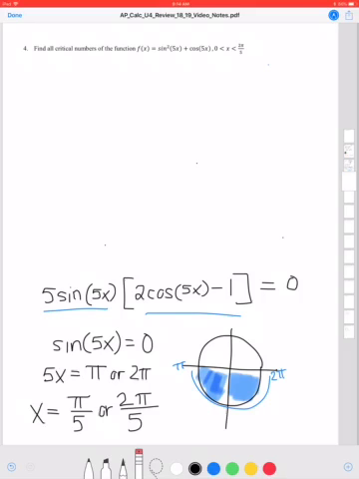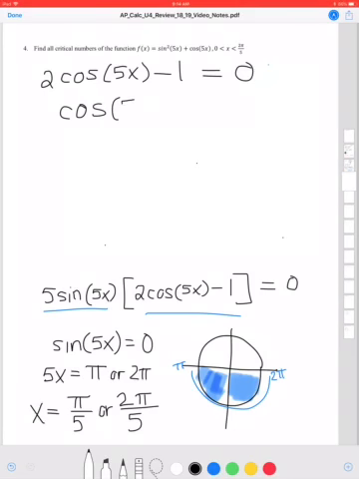Let's see, we got to solve for x, so let's see what happens. Alright, we add 1 to both sides and divide by 2.